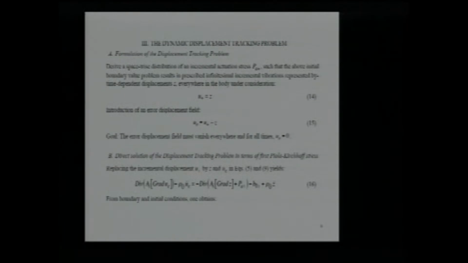And the first direct strategy to do this is simply to replace U plus in the above initial boundary value problem for the increments by the error and the set. And doing so, we obtain from the above equations the following relation.